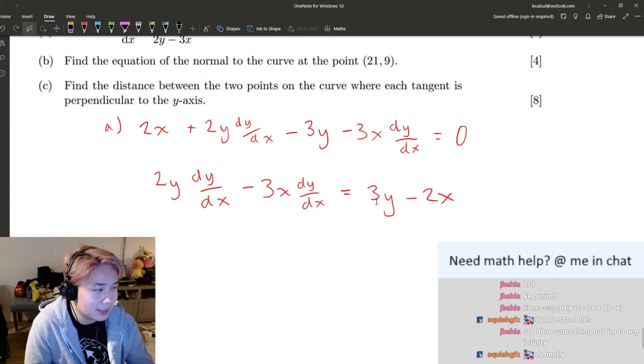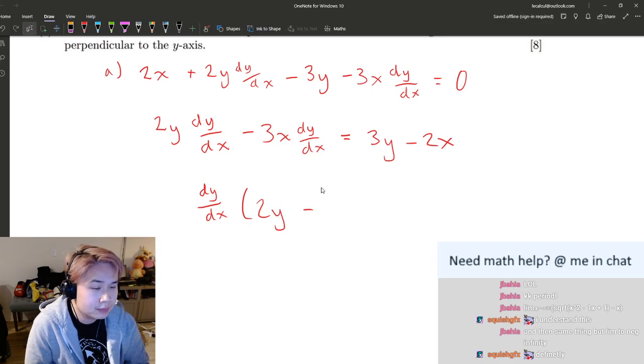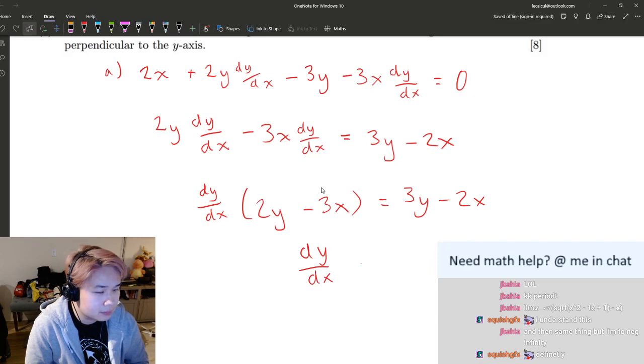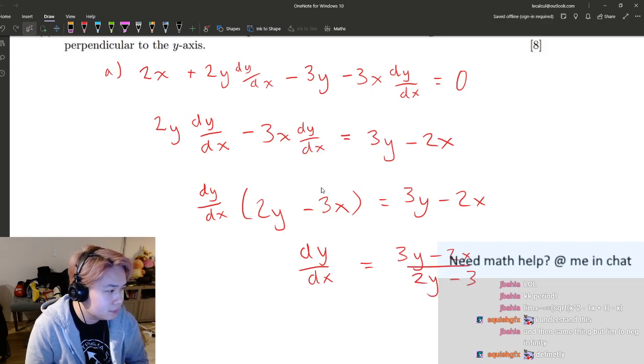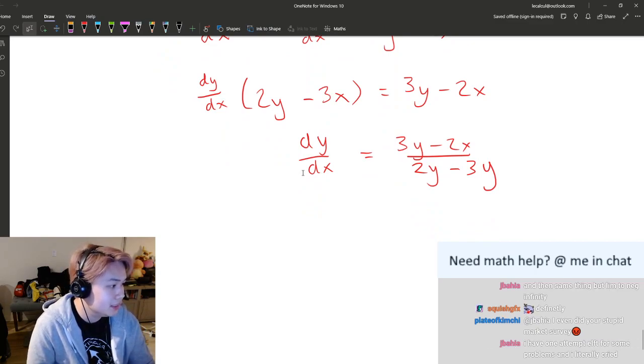So I've just rearranged the terms a little bit, and then at this point we take a common factor of dy dx on the left hand side, and divide, and we're done. And here it is.